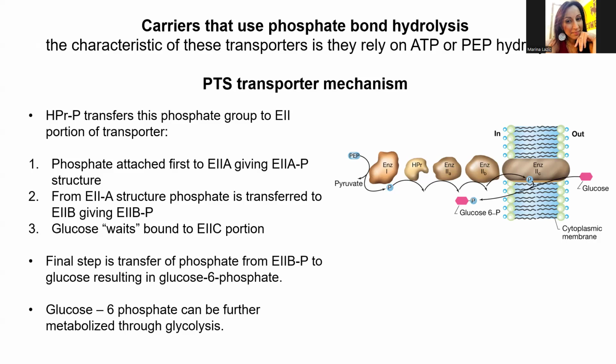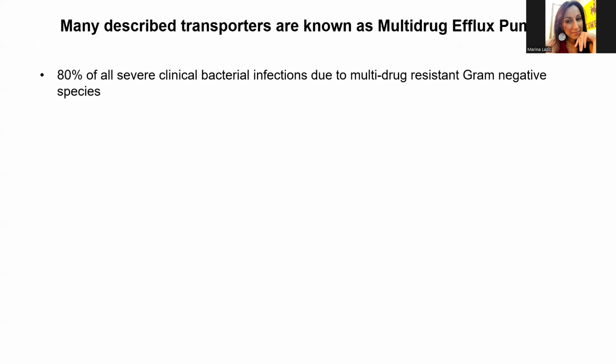E2C is just in the membrane where glucose is sitting. So glucose 6-phosphate is now ready to be metabolized, and that's when glycolysis starts. And then you will have fructose 6-phosphate, fructose 1,6-bisphosphate, aldolase, and everything else that you will cover in Unit 6.